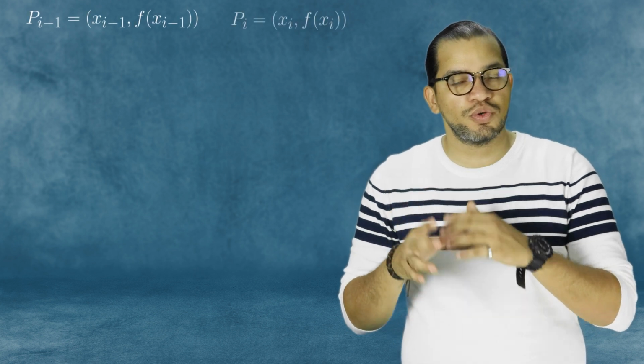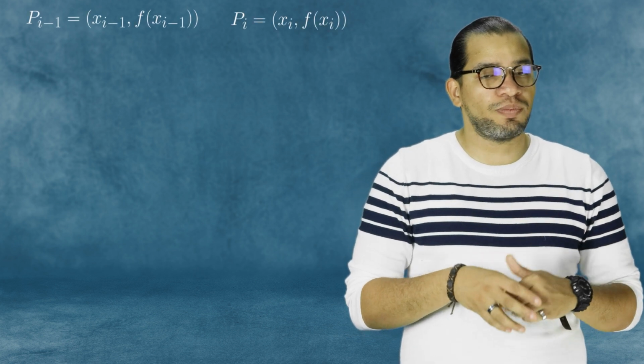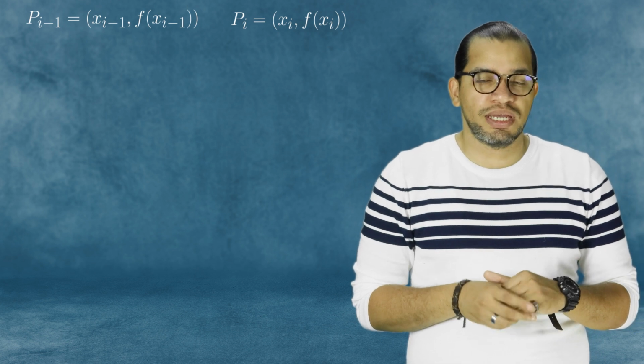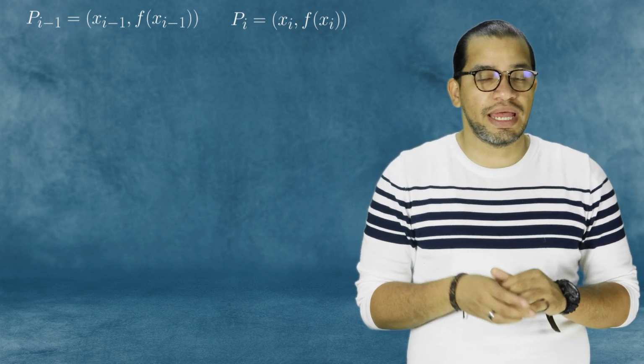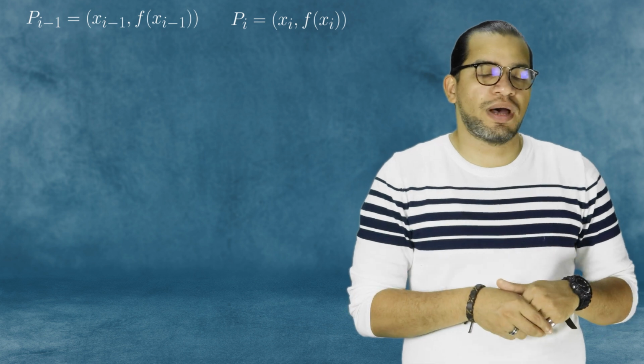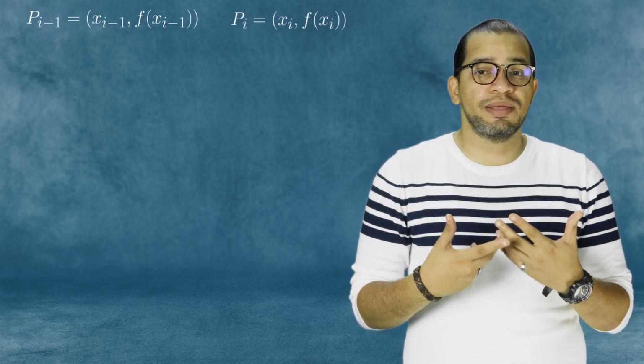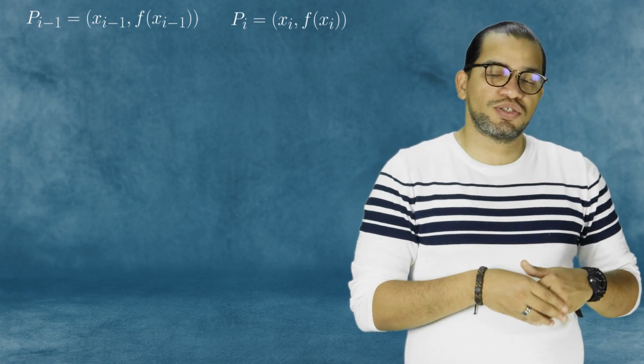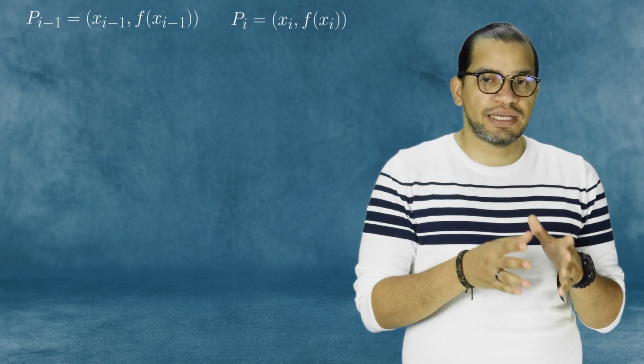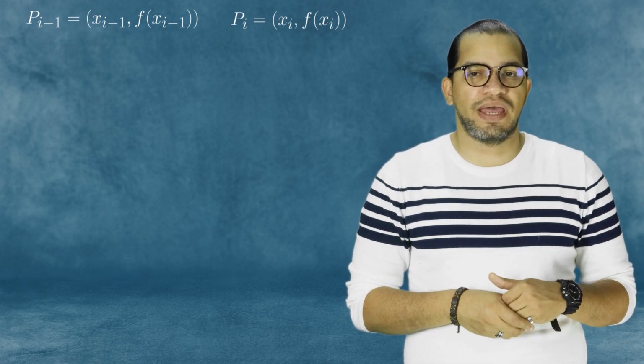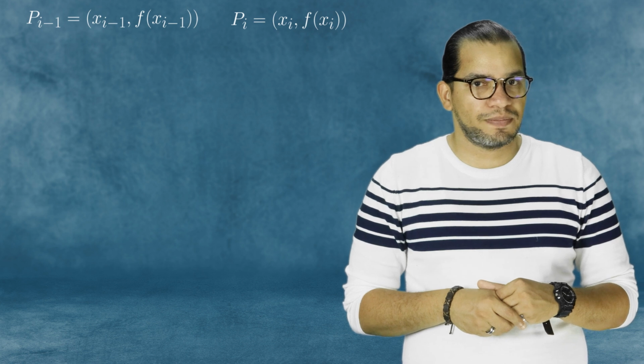Now, let us consider two random points, p sub i minus 1 and p sub i, being p sub i minus 1 the point (x sub i minus 1, f of x sub i minus 1), and the point p sub i being (x sub i, f of x sub i).